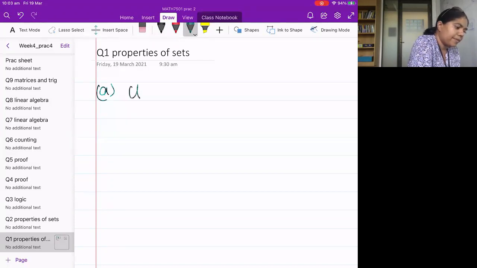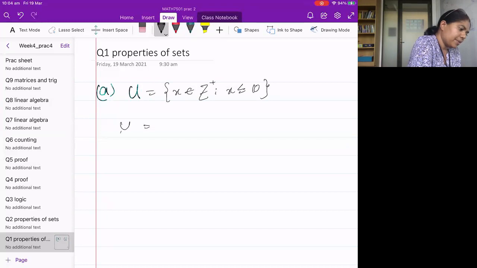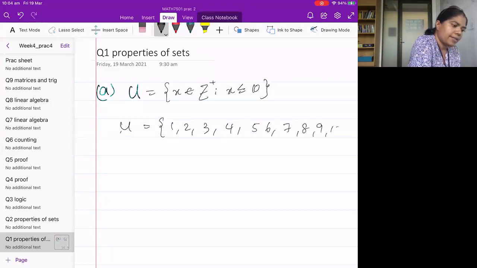Okay, so we are given U is equal to the set of X in the positive integers such that X is less than or equal to 10, which is equal to 1, 2, 3, 4, 5, 6, 7, 8, 9, 10.